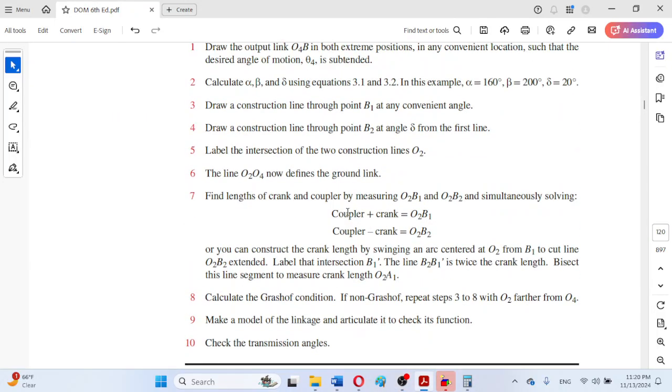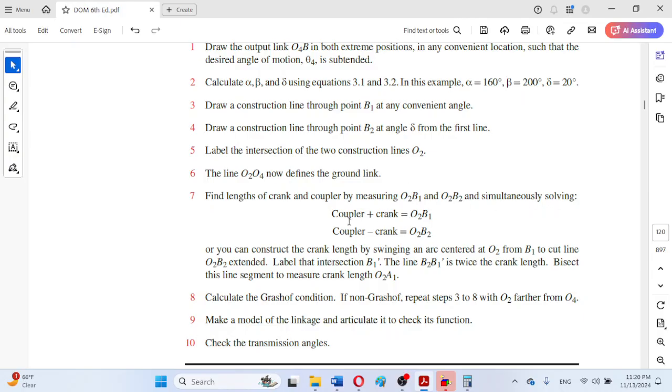Here at this stage I will be explaining the seventh clause, which states to find the length of the crank and coupler by measuring O2 B1 and O2 B2 and solving simultaneously.